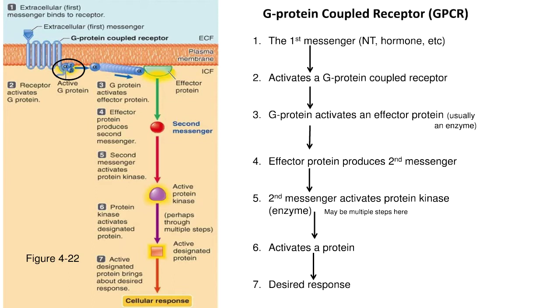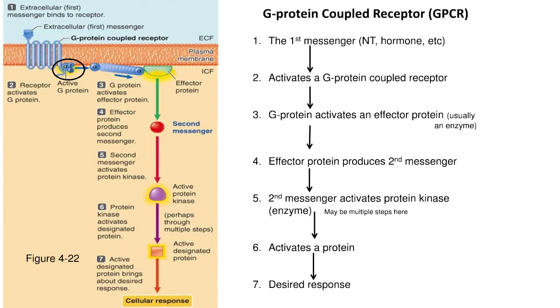Okay. In this figure, you can see the little red bulb indicating the second messenger. In reality, that looks like it's just producing one, but in reality, the effector protein can produce many second messengers.